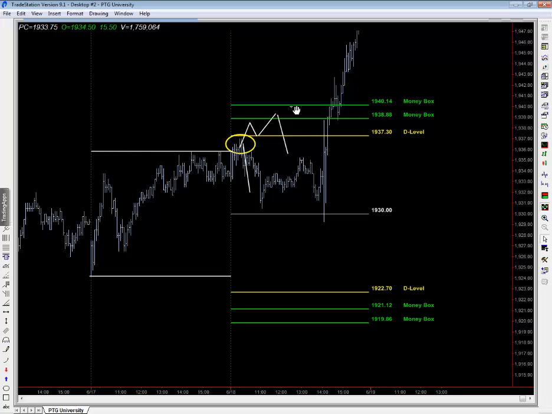We were asked a little bit earlier which one's the most important. There isn't one that's most important. What we want to do is build a zone. If there are overlapping zones, we want to use those as more important zones of potential resistance, supply, targets. So this is a static one.